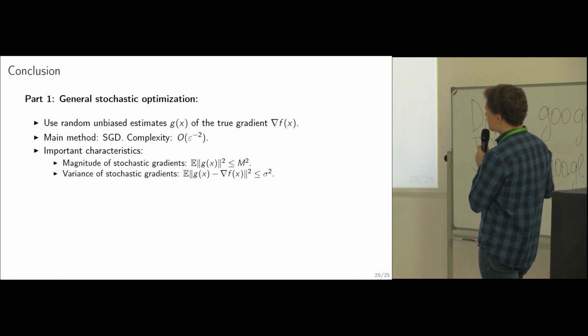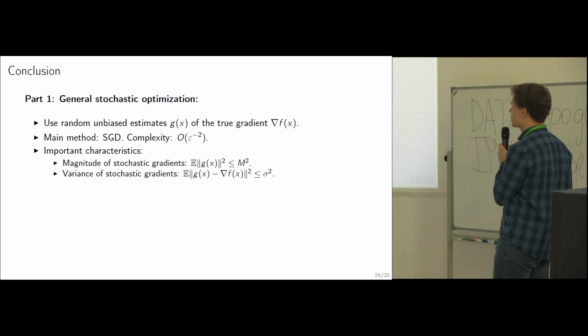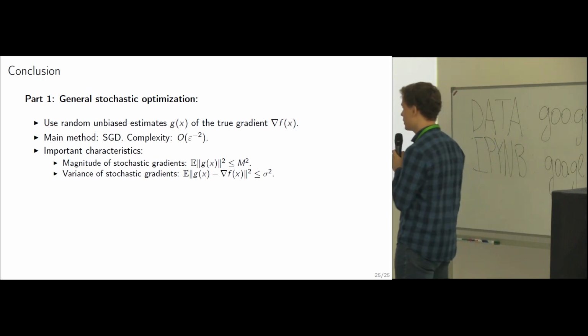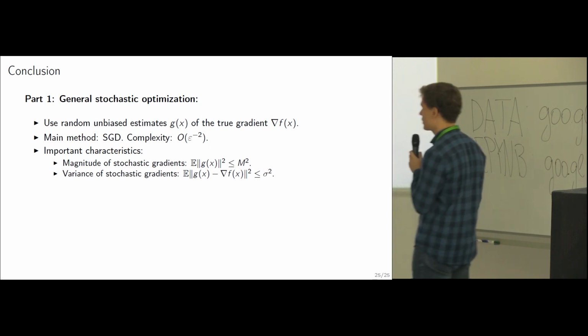And do not forget that, although this complexity is formulated like this, we have some hidden factors inside this complexity. And these factors are very important. The most important characteristic that we can control is the variance of stochastic gradients or the magnitude of stochastic gradients.